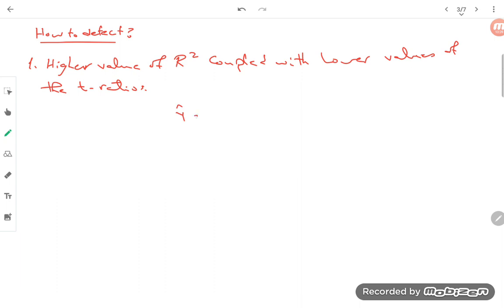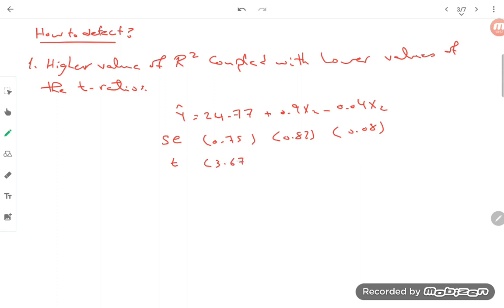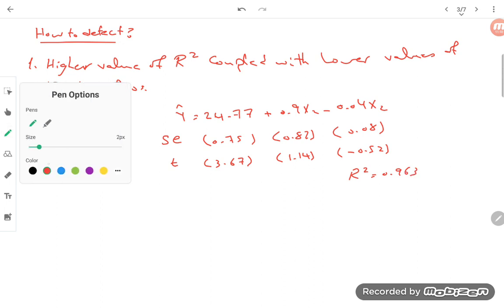Say for example, y equal to 24.77. From this model, you can find that x2 has an insignificant impact on y.